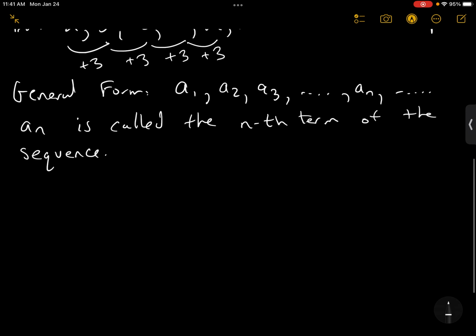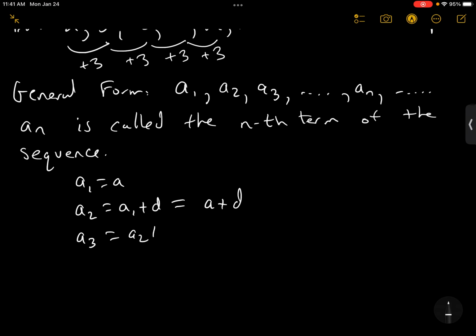Okay, so we're going to show how to get a sum of these. So how do we find the sum of an arithmetic sequence? Our first term we're going to call A, and then our second term is going to be our first term plus d, which is A plus d. Our third term is going to be the second term plus d, which is this plus d, which is A plus 2d.